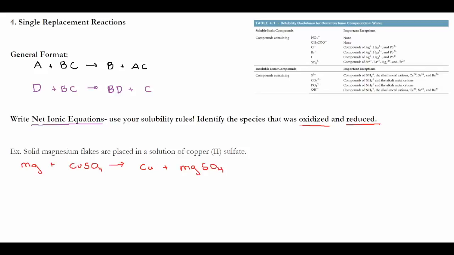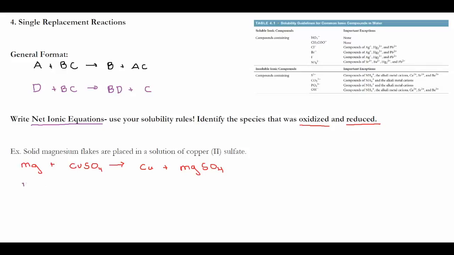Your next step is to separate any compounds that are soluble in solution. So if you look at CuSO4, if you look at sulfate, which is right here, it says that sulfate is soluble. It is a soluble ionic compound unless it's bound to strontium, barium, mercury, or lead. Well, copper is not strontium, barium, mercury, or lead, so this is going to be soluble.